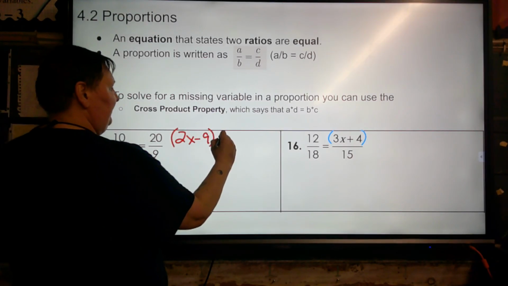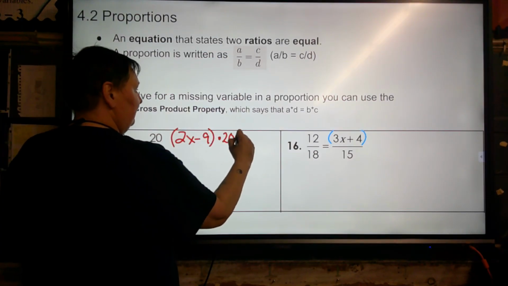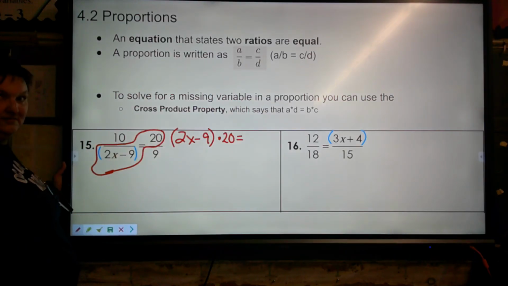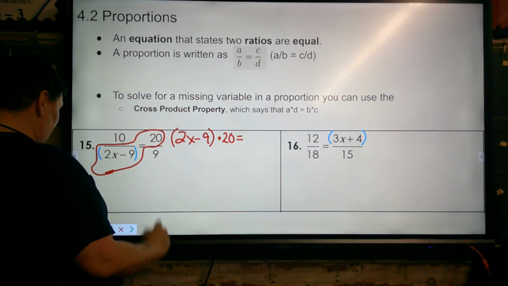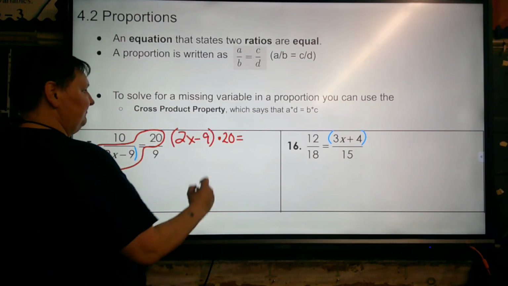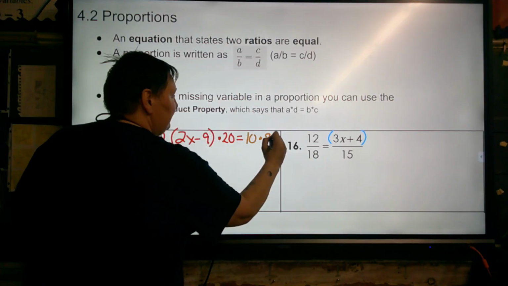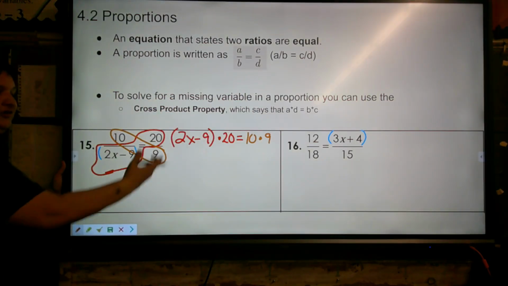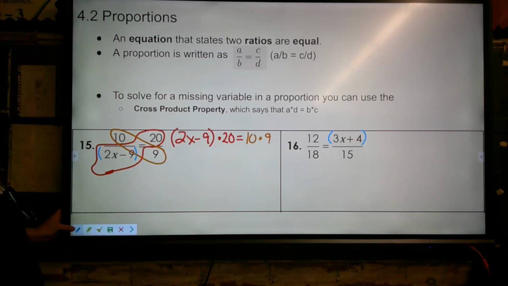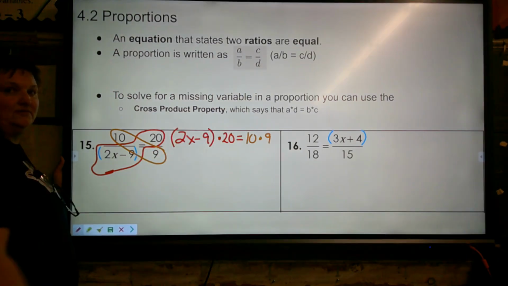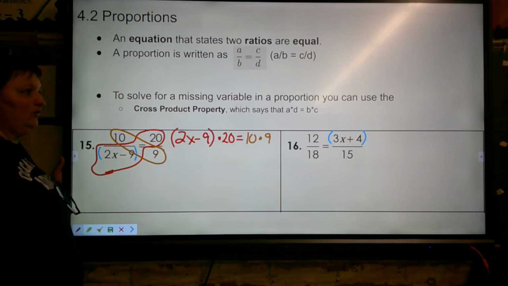Times 20, cross product, and then we're going to do 10 times 9. Now you know why we brought the parentheses. If you would have left off the parentheses, you would have done PEMDAS out of order, because this is a group. Parentheses come before multiplication.